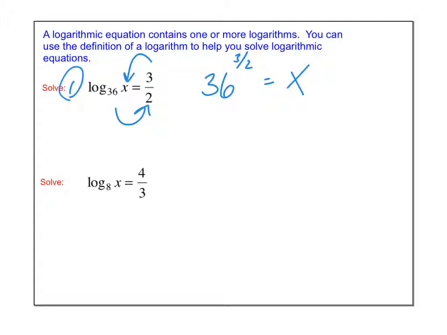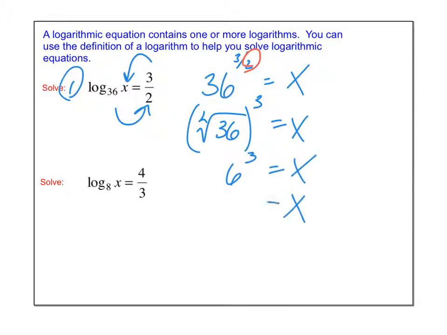If you recall from chapter 6, this bottom digit represents the index. So if I'm asked to take the square root of 36, raise that value to the third power, then I can solve for x. The square root of 36 is 6, to the third power. We see that our value of x is 216.